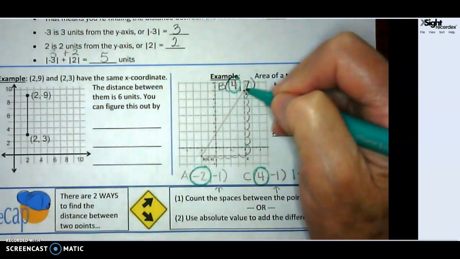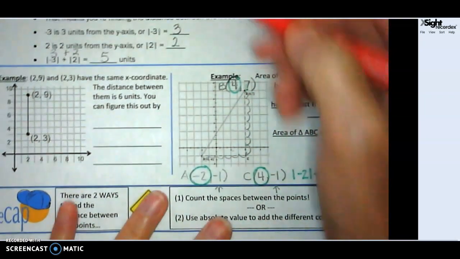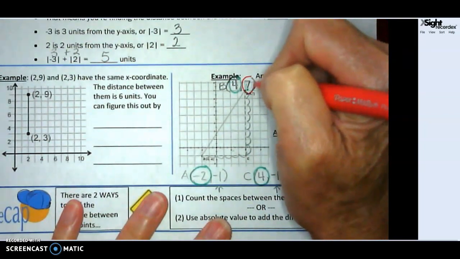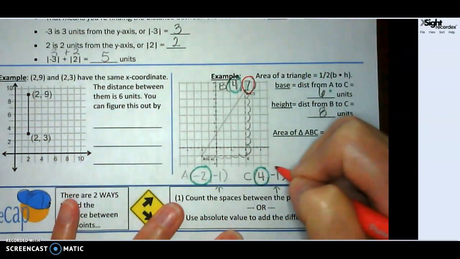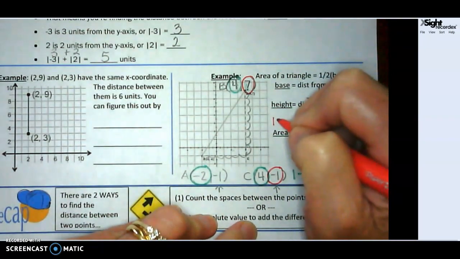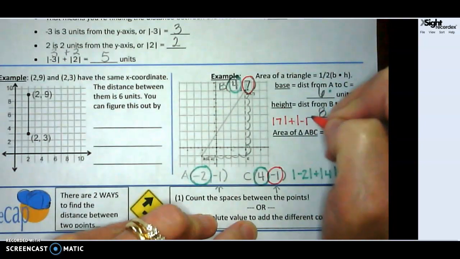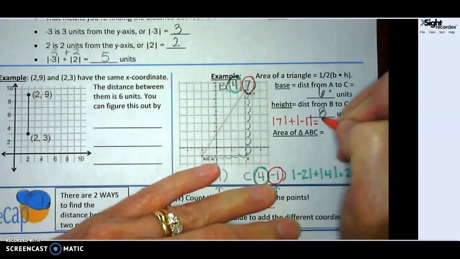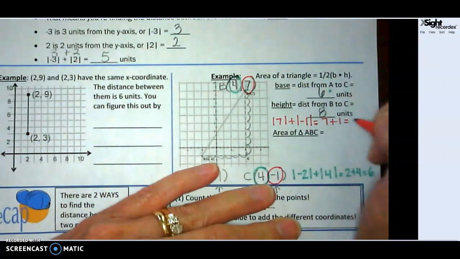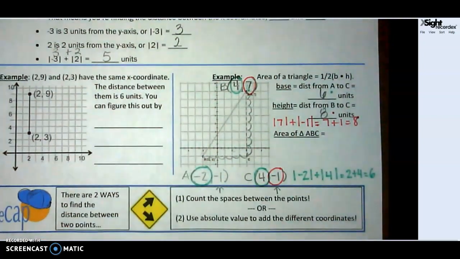I look at my numbers that are different, and those would be 7 and -1. And so I'm going to add those absolute values. The absolute value of 7 plus the absolute value of -1 is equal to 7 plus 1, and that's 8. So now I know that my counting, I did correctly.